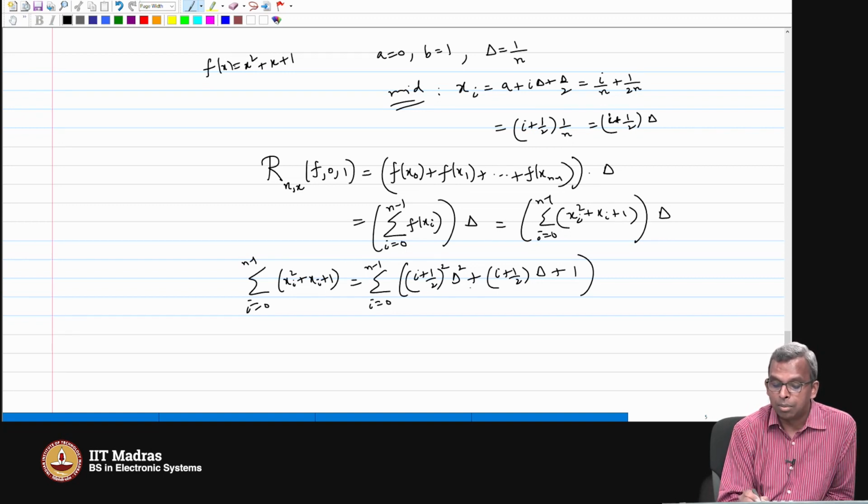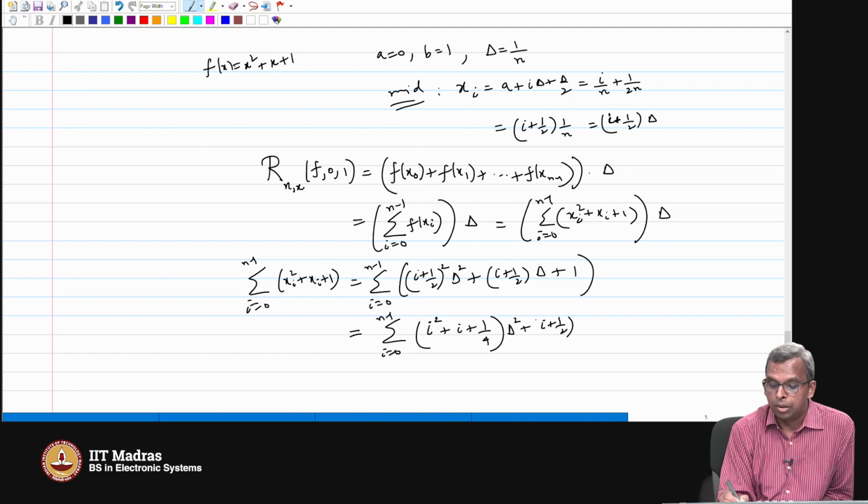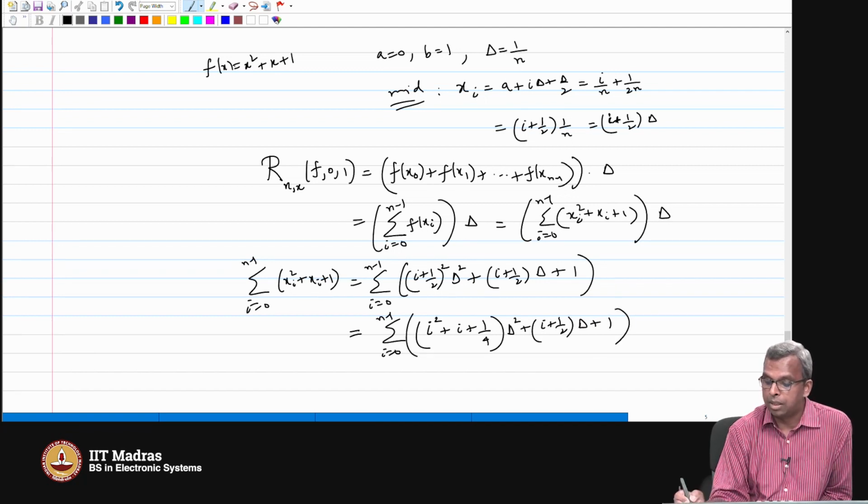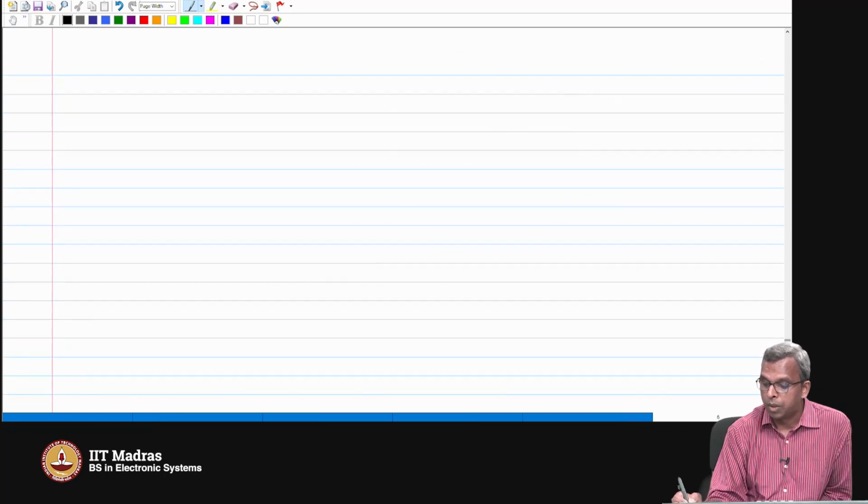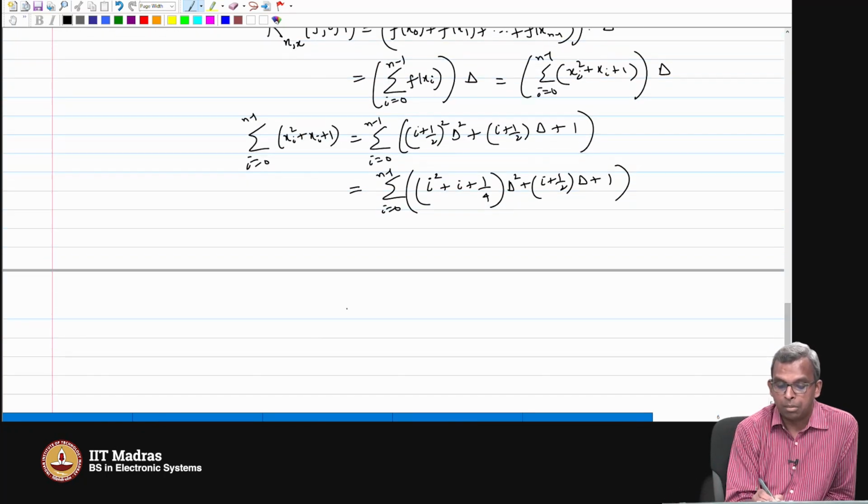Let's simplify this. Multiply it out. You're going to get here summation i equals 0 to n minus 1, (i squared plus i plus 1 by 4) multiplied by delta squared, plus (i plus half) multiplied by delta, plus 1, isn't it? Keep all this very carefully. Don't simplify ahead of time. Then you will have summation i equals 0 to n minus 1.